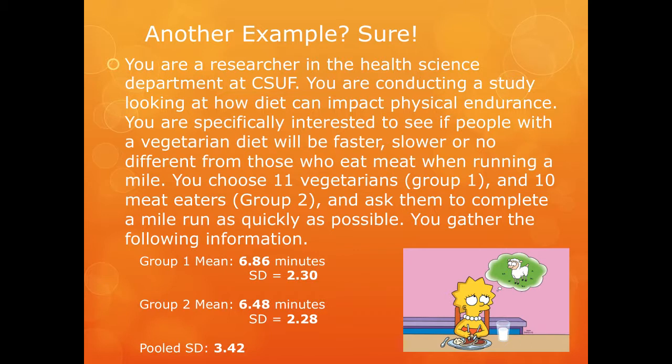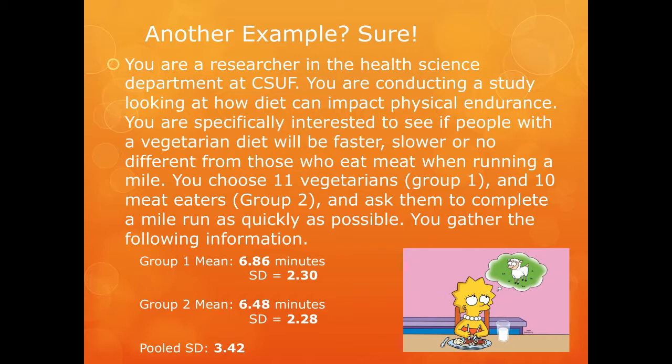You choose 8 vegetarians, group number 1, and 10 meat eaters, group number 2, and ask them to complete a mile run as quickly as possible. You gather the following information: the mean of group 1 is 6.86, standard deviation 2.3; group number 2 is 6.48 minutes, standard deviation 2.28; and we have a pooled SD of 3.42.